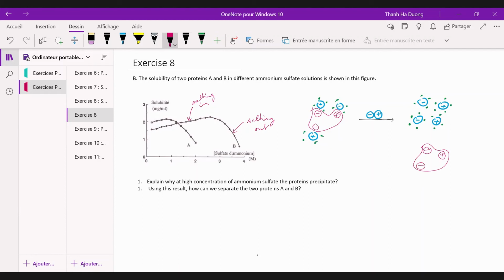All the water molecules surround the cation. So you will have the precipitation of your protein. You have no more water molecules around the protein. Is it okay?